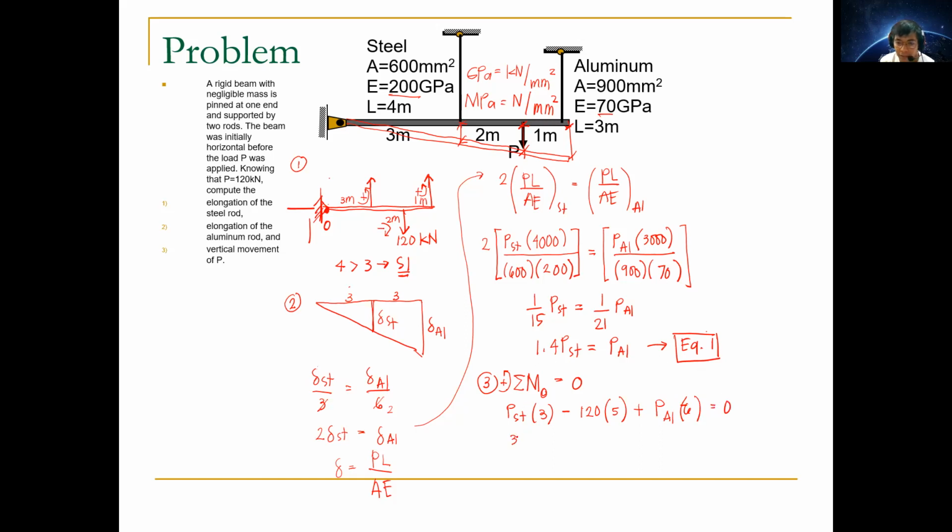So we have 3P steel plus 6P aluminum, and then on the right side, that would give us 600.